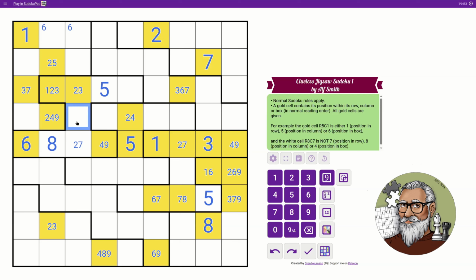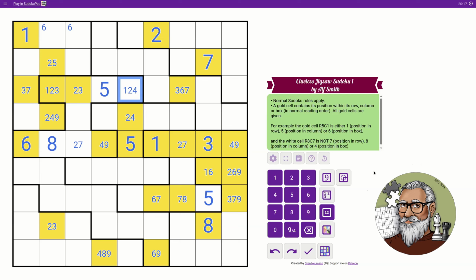Okay, what am I still missing here? That's worth pencil marking now, isn't it? And I'm missing 1, 2, 3. Probably should do them one by one because otherwise I'm gonna be confused. I mean, this could be 1, could be 2. It can't be 3 because it's in the 3rd position in its column. It can be 4.